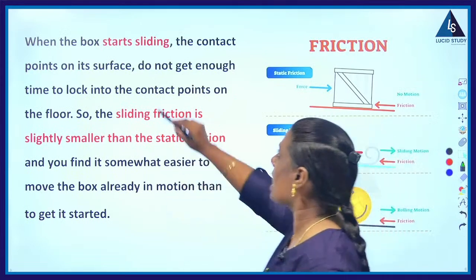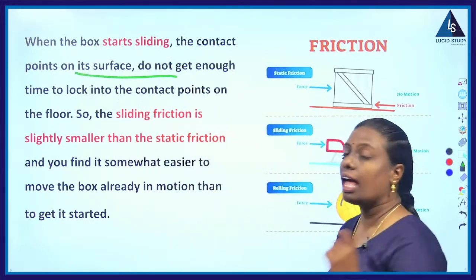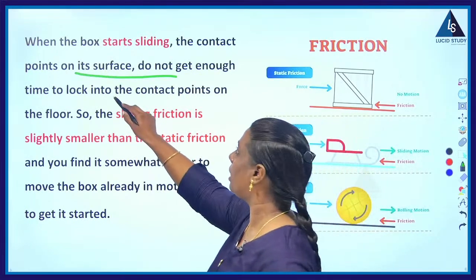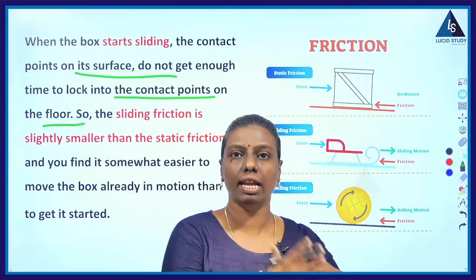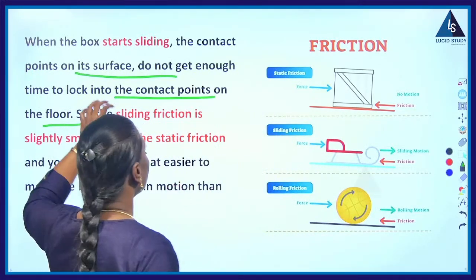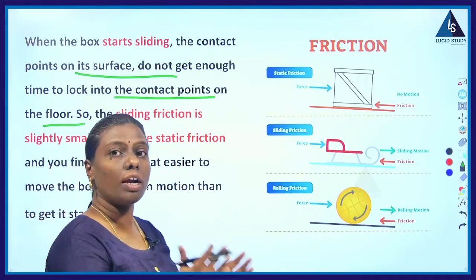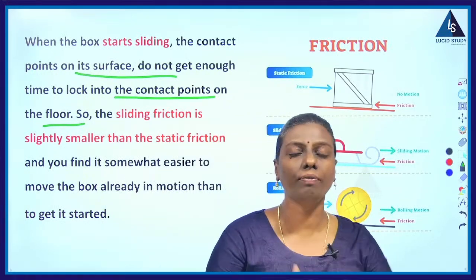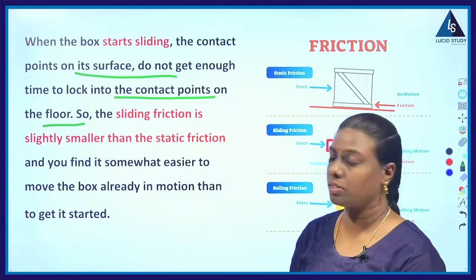When a box starts sliding, the contact points on its surface do not get enough time to lock into the contact points on the floor. So it requires less force.